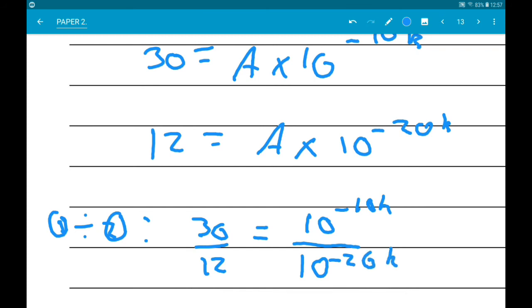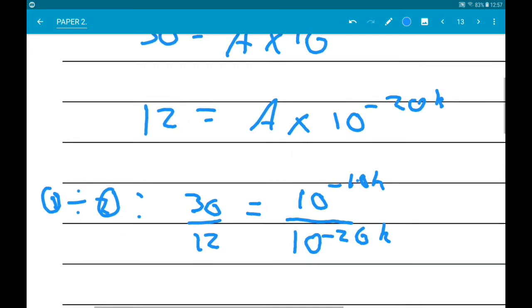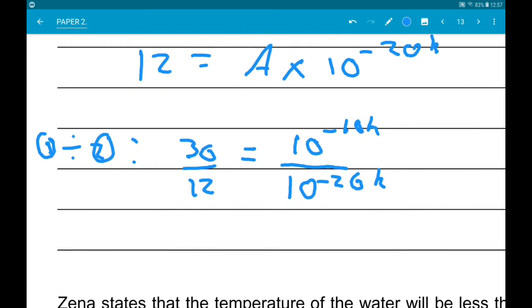Okay then, so we got 2.5 is equal to 10 to the positive 10k.